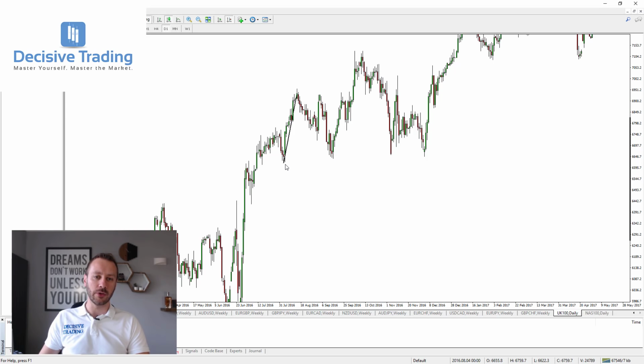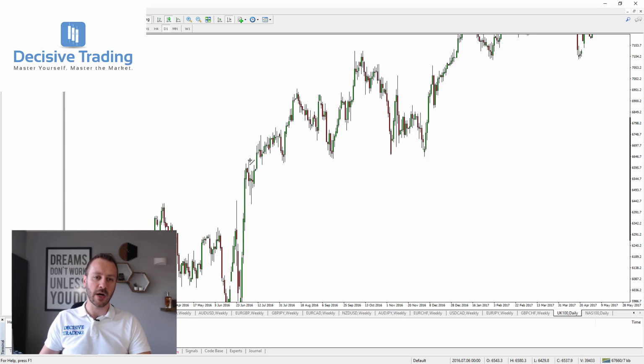Now the other little clue was the fact that we had made a triangle right here. And what it looks like is this triangle presses up and it comes down and tests at this triangle, and then we continue to make that higher low, higher low. So it's little bits of evidence that we're putting together, and it's giving us the clue that potentially we are looking at a trend line.